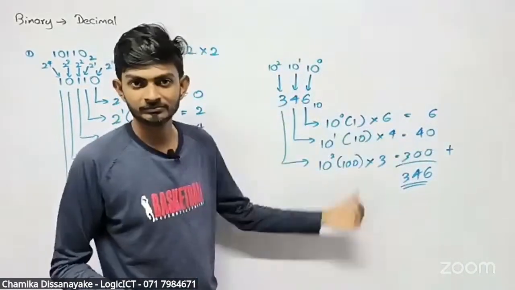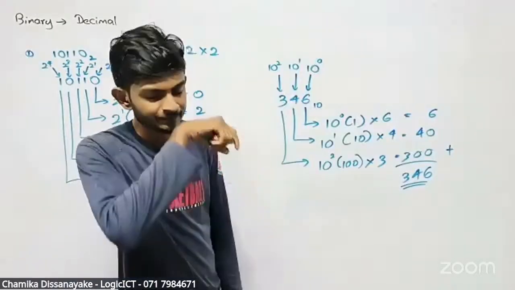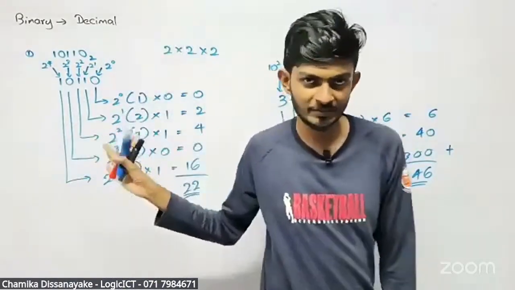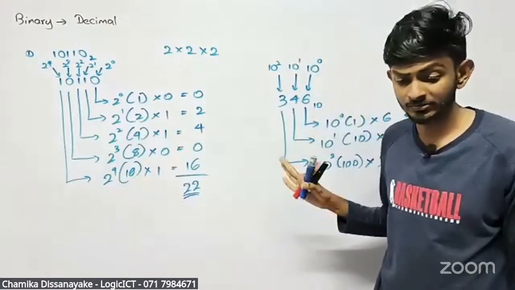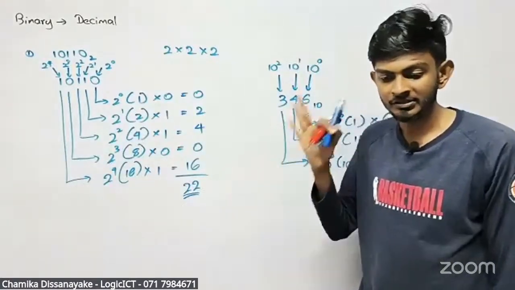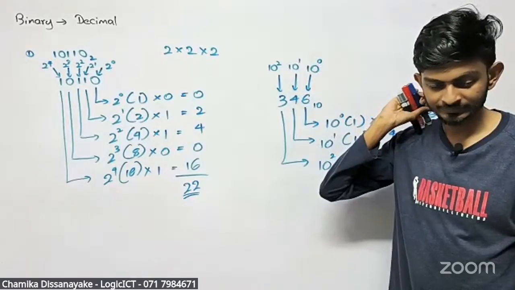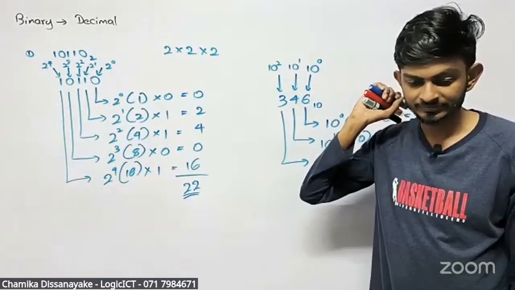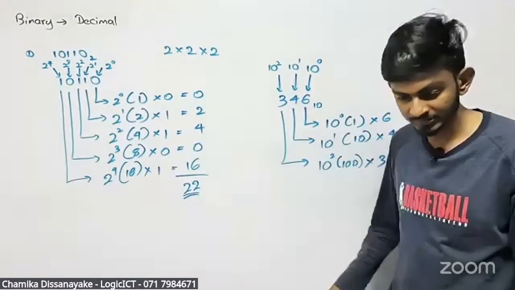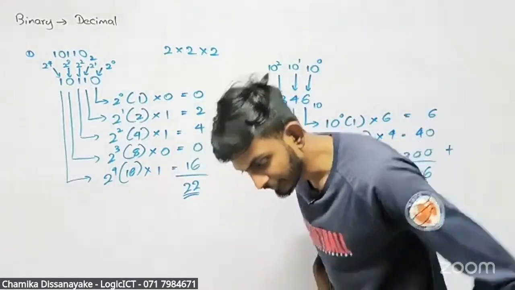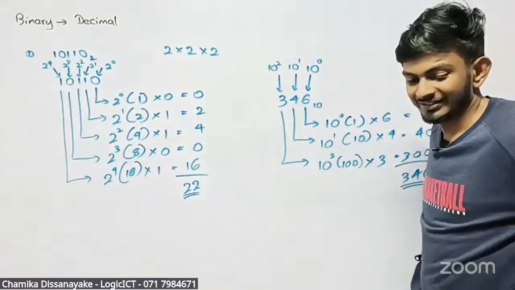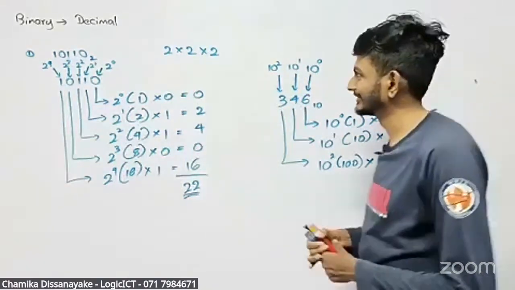The method is the same. I think you got this idea. Is this okay? The method? Yes. I think you got the idea, no? Because you gave the answer earlier.